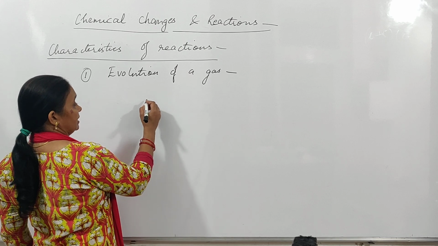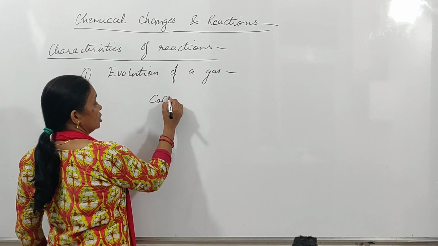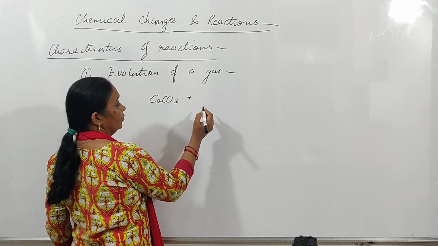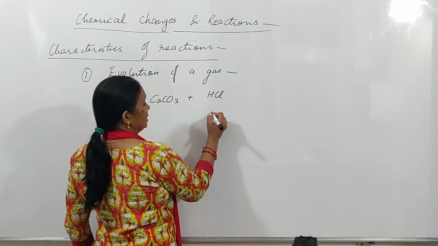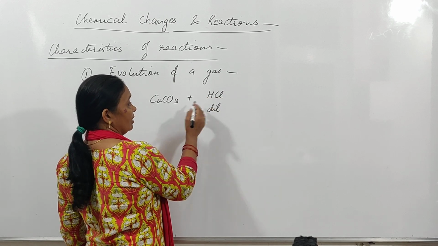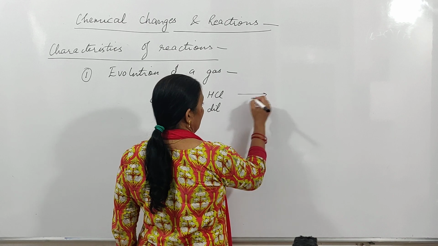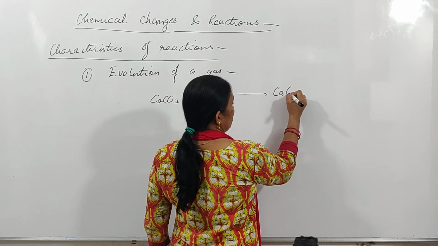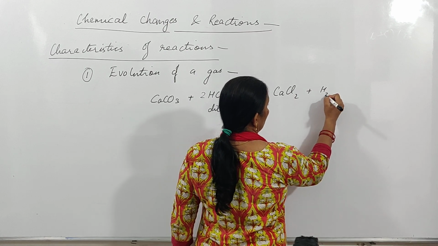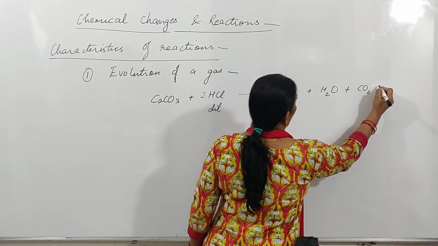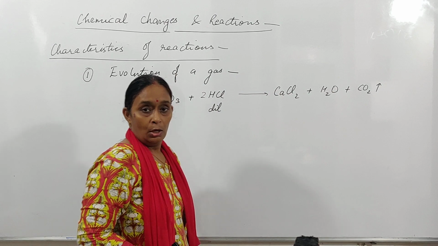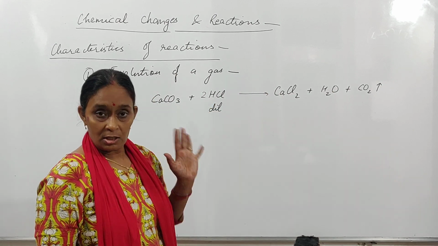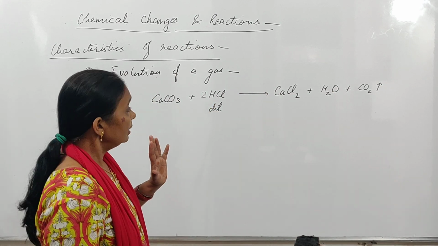You can take an example of calcium carbonate reacting with dilute HCl. When calcium carbonate reacts with two molecules of dilute HCl, it will give calcium chloride, water, and carbon dioxide gas is released. So this gas is formed in the reaction.